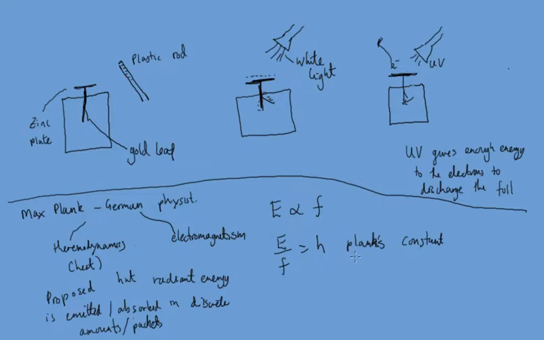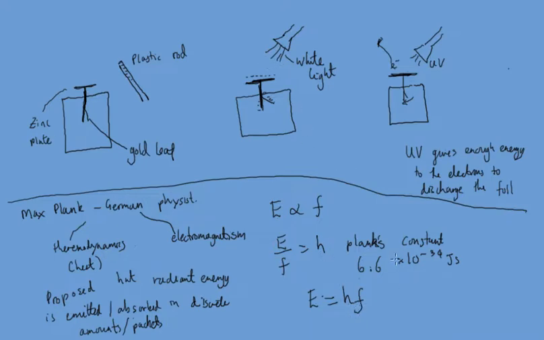So Planck's constant is 6.6 times 10 to the minus 34 joule seconds. And this constant of proportionality tells us that the energy of a packet of radiant energy is equal to Planck's constant times the frequency in Hertz.